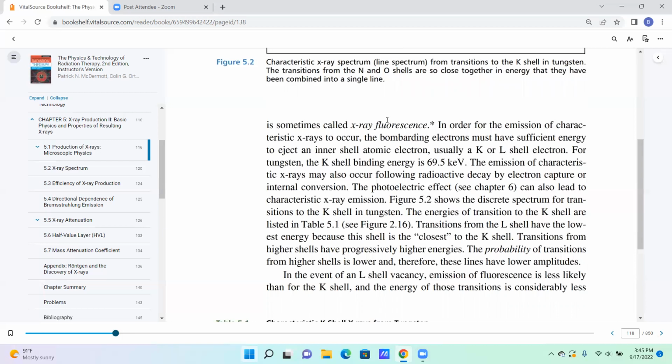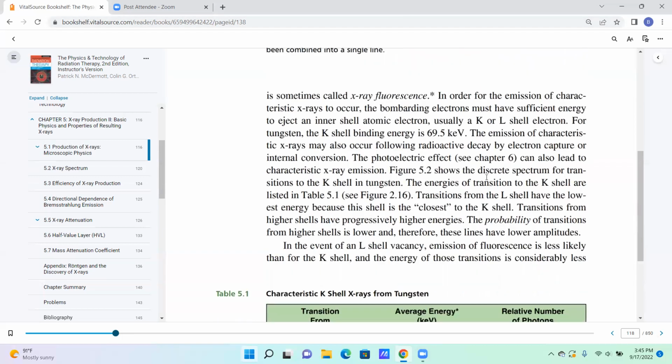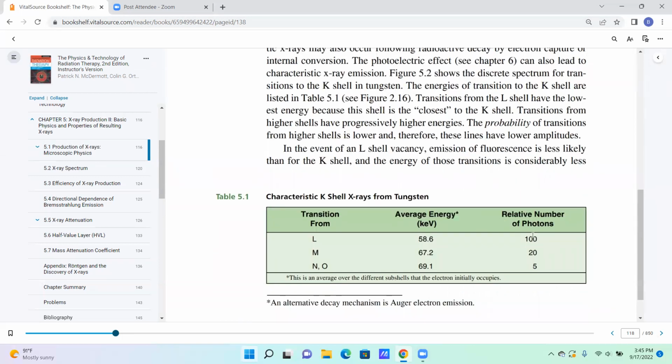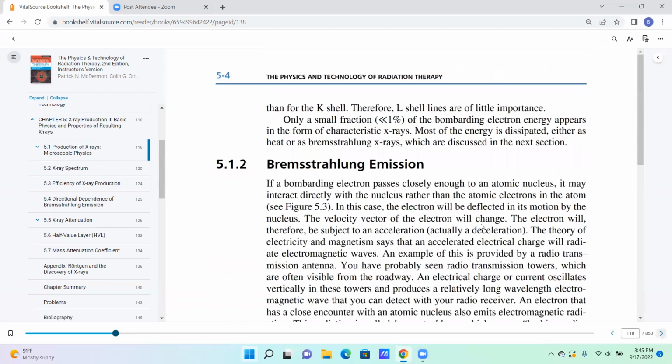So this is saying essentially the probability of having an electron from an outer shell jump down to the K shell is far more likely from the shell that's just right above it, quote unquote, than it is from any of the other outlying shells. So only a small fraction of the bombarding electron energy appears in the form of characteristic X-rays. Most of it is dissipated either as heat or as bremsstrahlung.